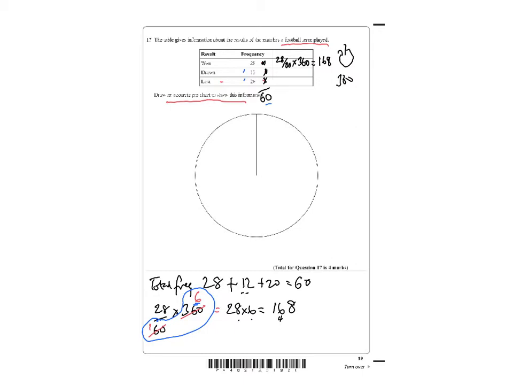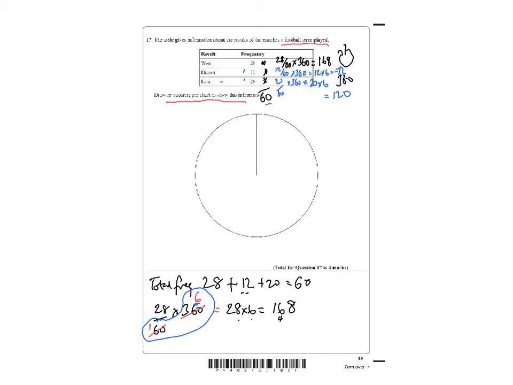So just to save a bit of time, I'm going to have 12 over 60 times 360, but that is the same as 12 times 6, which gives me 72. And finally, I've got 20 over 60 times 360, which is the same as 20 times 6, which gives me 120.